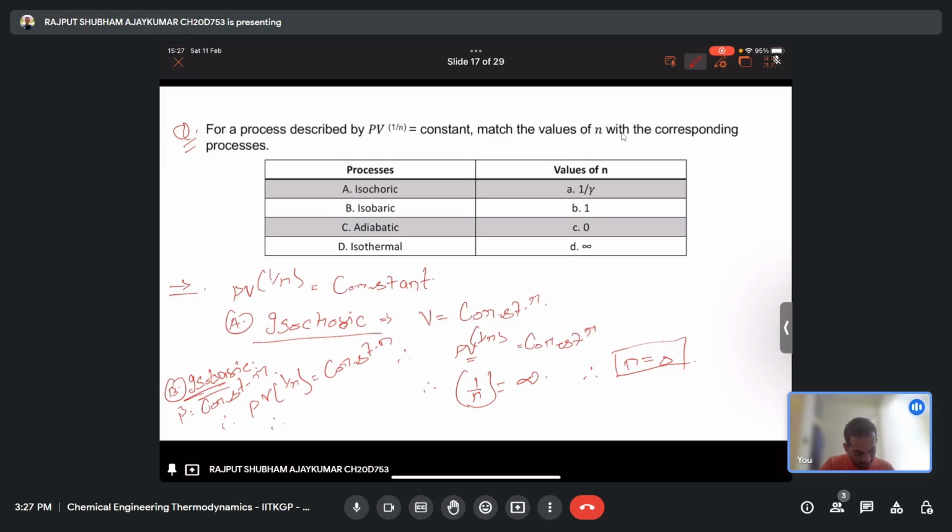Therefore, what will happen is that 1 by n will be 0 and n will be infinite. Pressure is constant. Similarly, in other terms, you can derive, like for adiabatic, I'll just write up here for adiabatic Q equal to 0. Okay, so PV raised to 1 by n equal to constant.